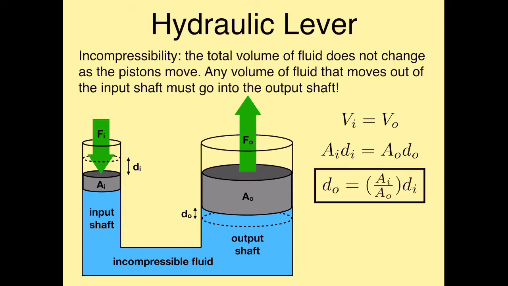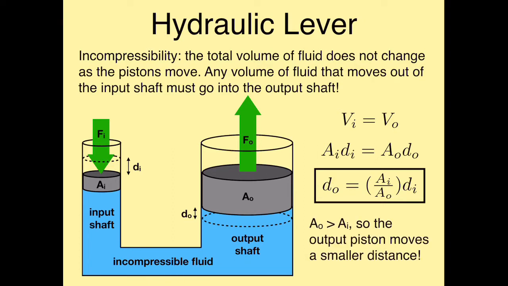So if we solve for DO, which is the distance that the output piston is going to move up, that's going to be AI over AO times DI. And again, AO is much bigger than AI, which means the distance that the output piston is moving is actually much smaller now than the distance that the input piston is moving, because this ratio, AI over AO, is going to be a very small number. Okay, so that's the price you pay for getting a larger force, is you don't get to move the piston as far as you're moving this one.